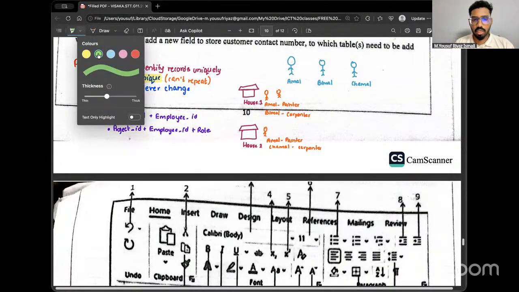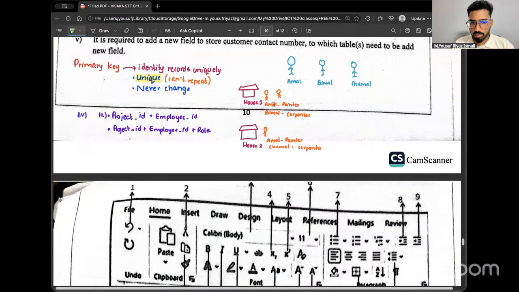Now, if you notice here, Amal is working in house one as well as house two. Bimal is working in house one as well. So let's say in house three there are three employees, Amal, Bimal, Chamal, all three working. And let's say Bimal is working as the electrician.